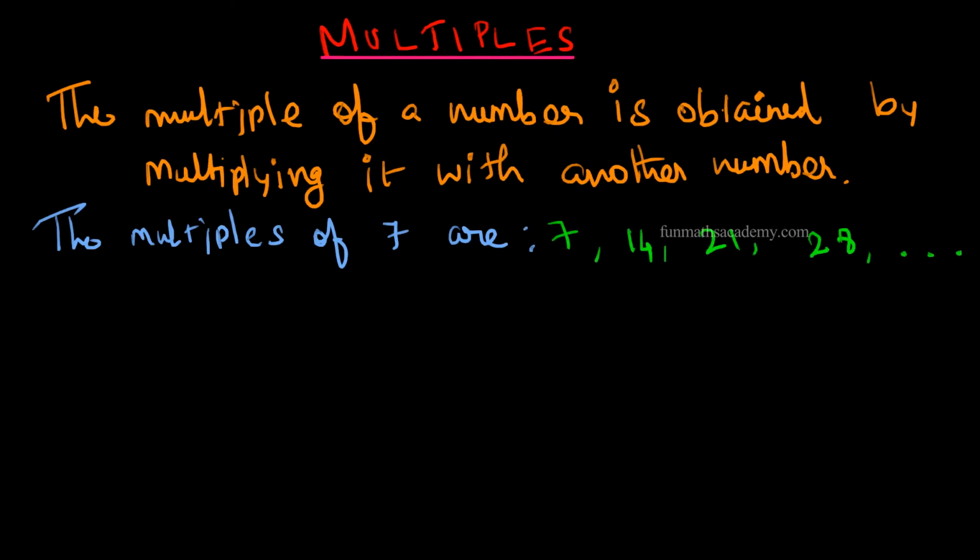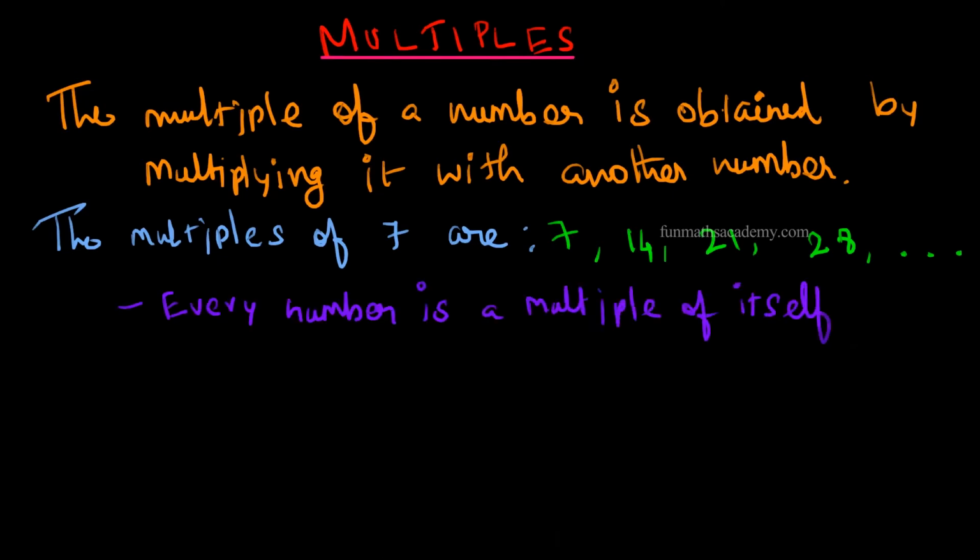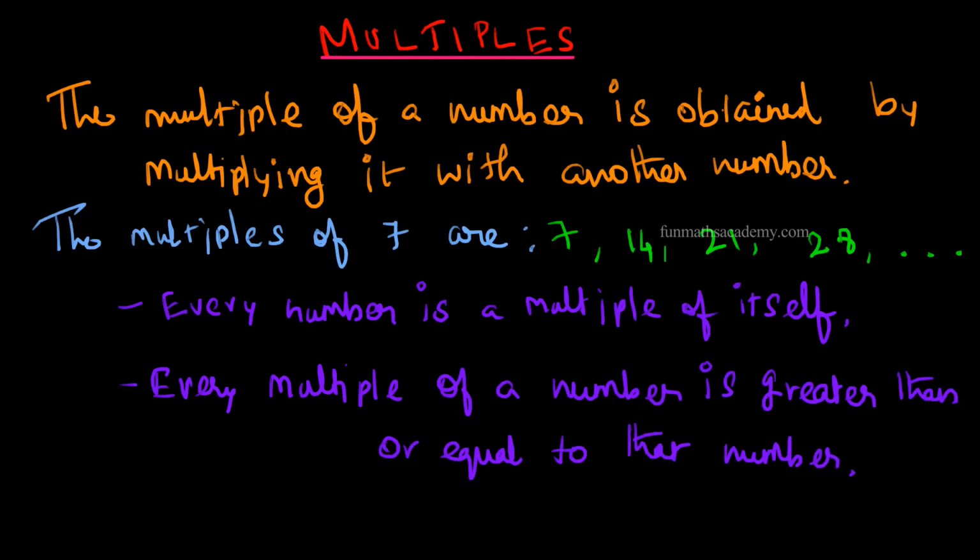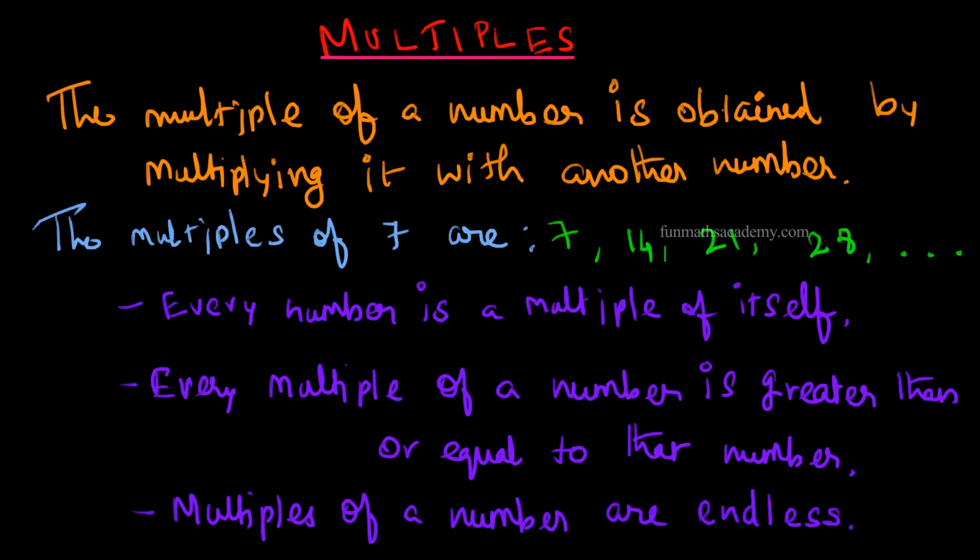One thing to note is that every number is a multiple of itself and every multiple of a number is greater than or equal to that number. Also, we cannot say that a number can have only this or that many multiples. No, a number can have an endless number of multiples. It can have infinite multiples too.